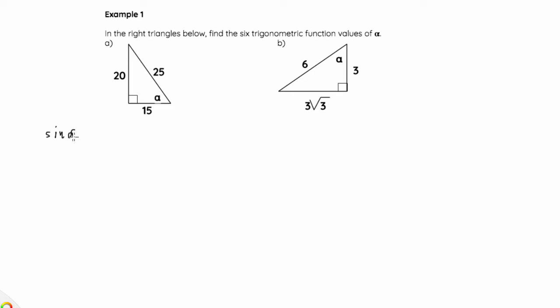So sine of alpha, cosine of alpha, and tangent. And then over here, we're going to write cosecant, secant, and cotangent. So make your answer box.